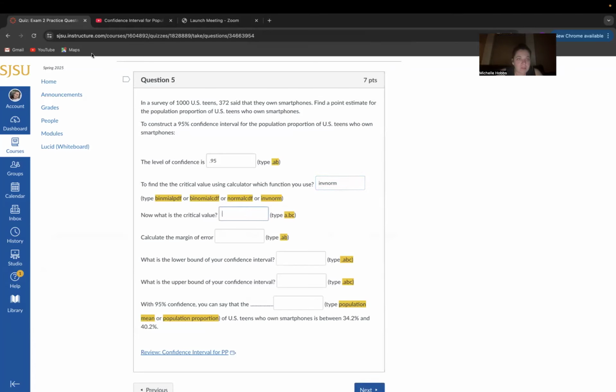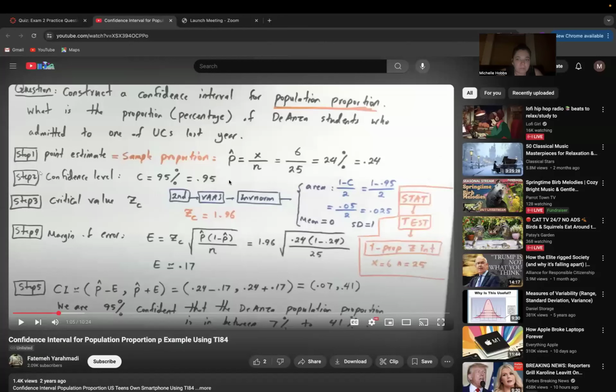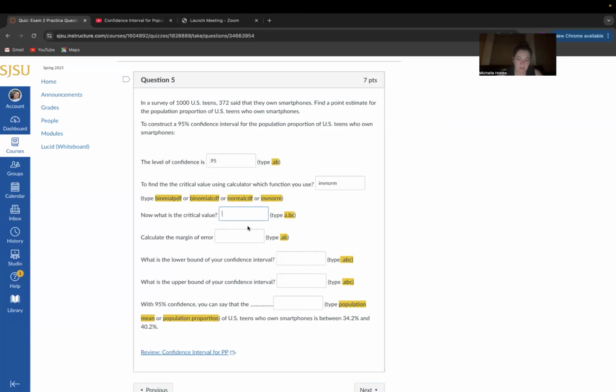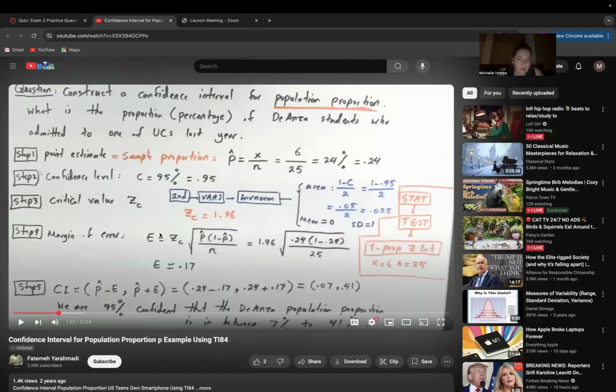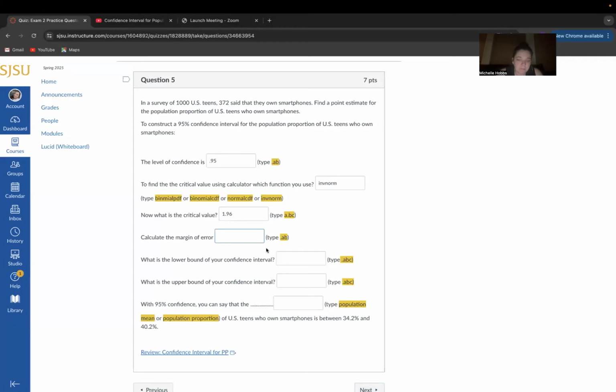And then what is the critical value? 1.96, it looks like. 1.96. And then the margin of error is 0.17.